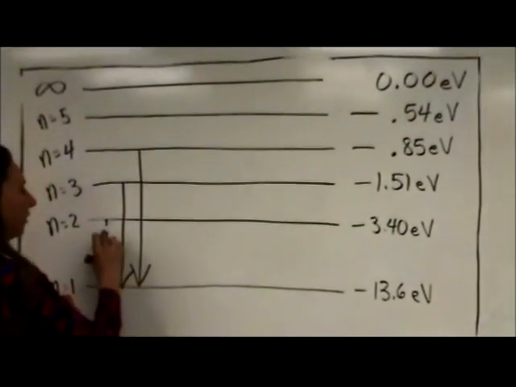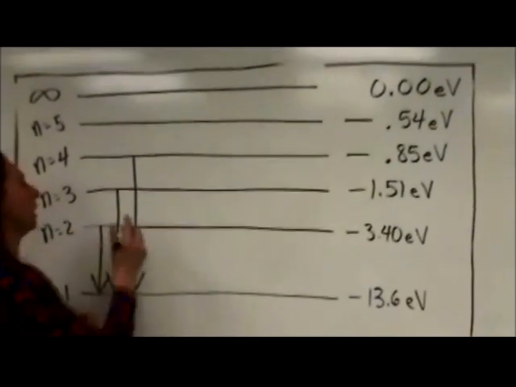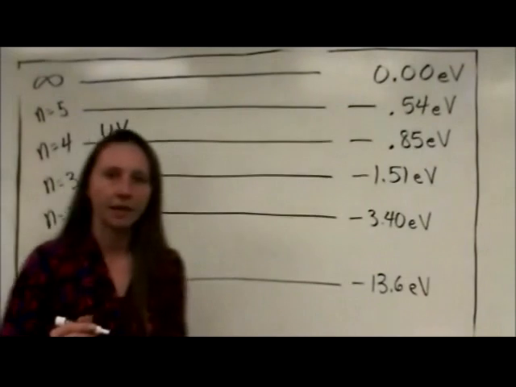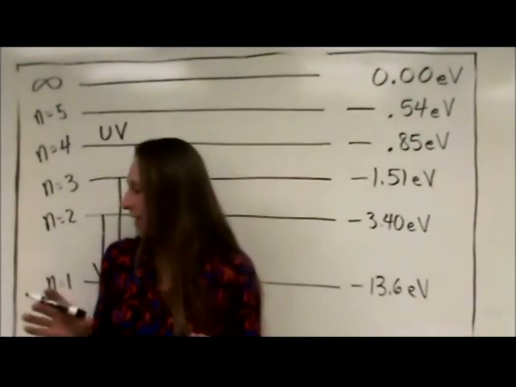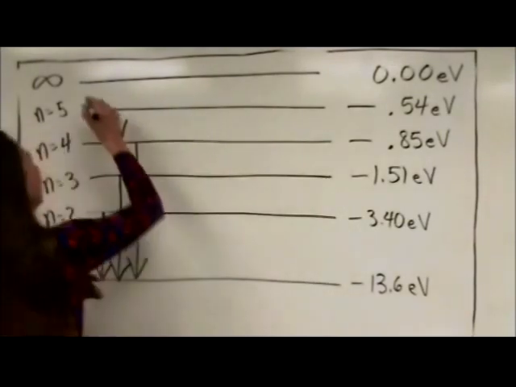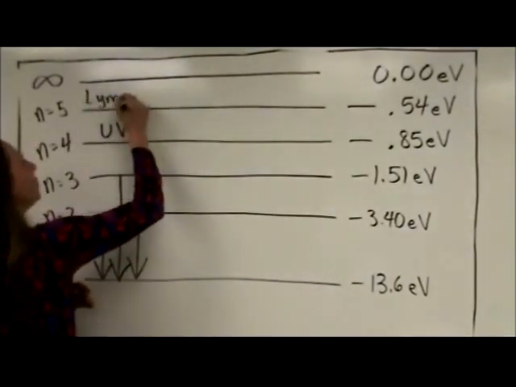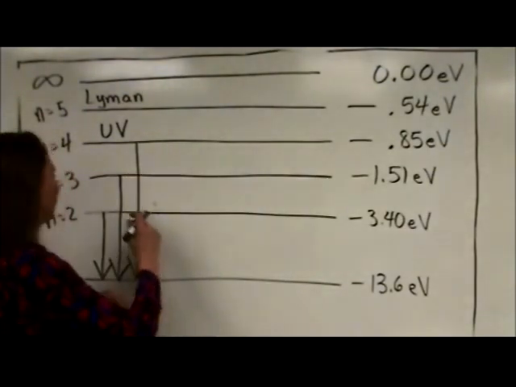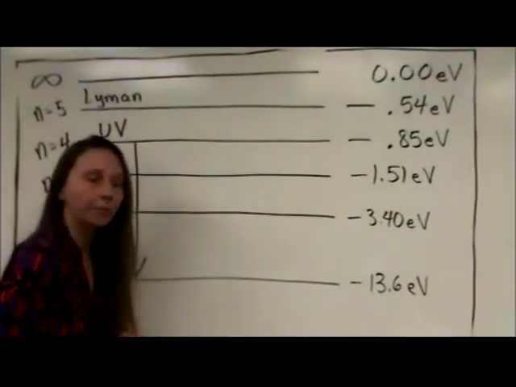Each one of these photons would be ultraviolet light. And there's a name based upon the scientist who studied this. It's called the Lyman series. The Lyman series of emissions, let's say.